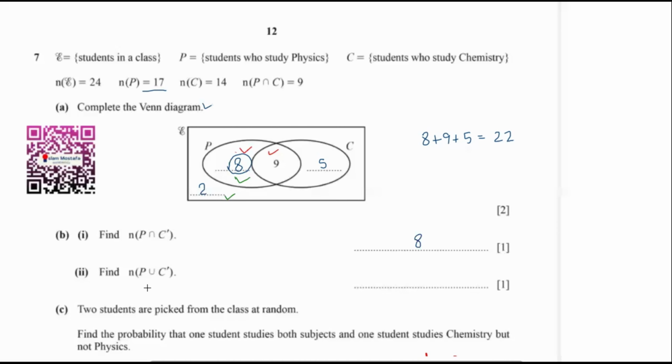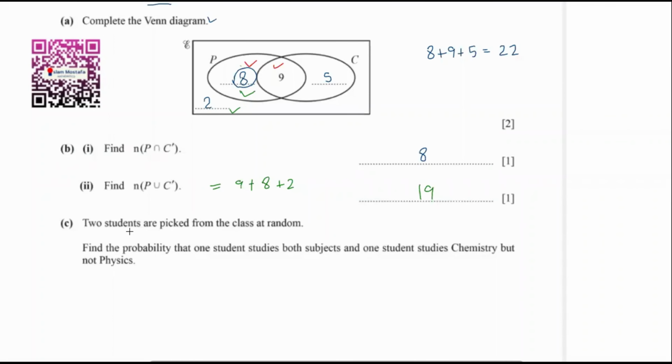Now P union C dash will be the region where any of the ticks occur. You see here, in this region total students are 9, and the next region is 8, and the remaining region outside the C is 2. Now that's equal to 19. Therefore, 19 will be the answer.